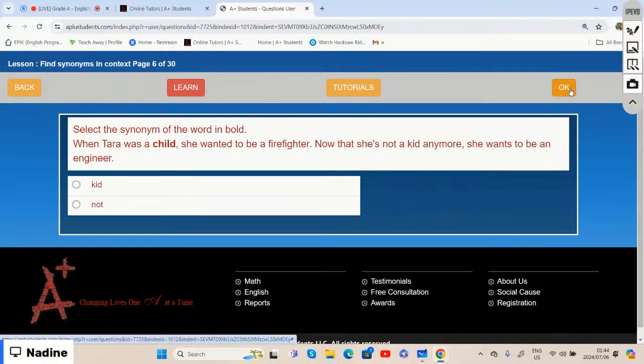Is it kid or is it not? Child. All right, and we can say when Tara was a kid or when Tara was a child, she wanted to be a firefighter.